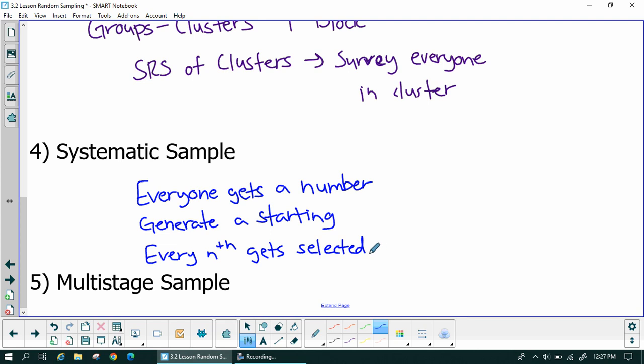So let's say we randomly generate one student number and we sample that person, and then we sample every person that's 10 numbers higher. So we go to the 10th person in line after that, and then the 10th person in line after that, and then the 10th and the 10th until we build our sample. I think I originally said 50, so until we get 50 students.